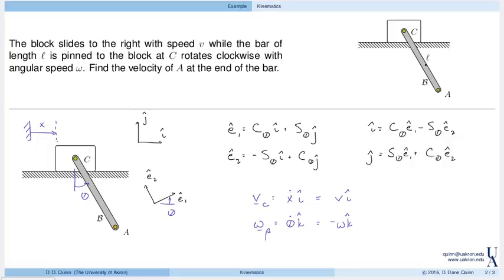Looking at the figure and the system again, we see that both A and C are fixed in the bar. So we can relate those two velocities, again, because they're fixed in this frame of reference that's attached to the bar.